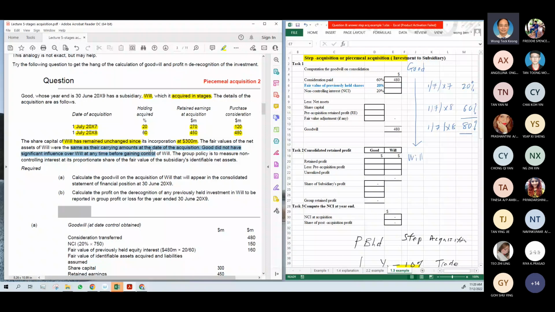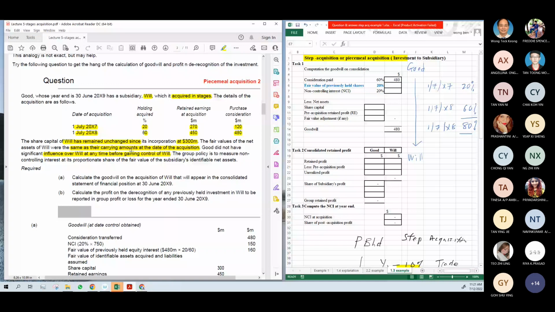So there is no fair value adjustment this time. The question says the company did not have any significant influence over View at any time before gaining control. The 20% they had did not give significant influence, meaning View is not an associate.